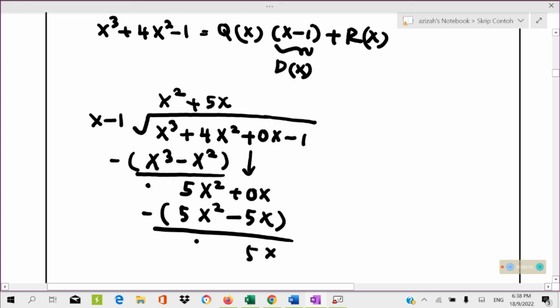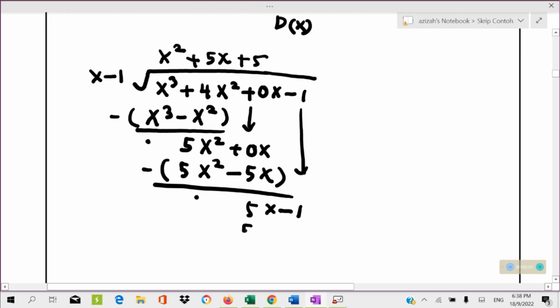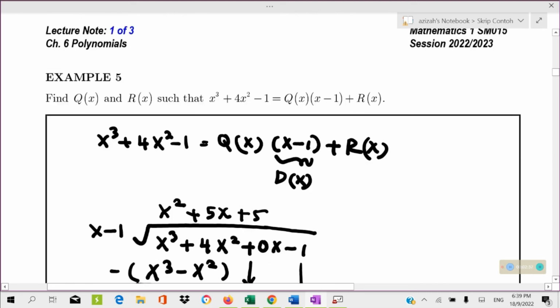Then we bring down the next term, negative 1. To get 5x, we multiply x by 5. So the result here is 5x minus 5. So 5x minus 5x equals 0, and negative 1 minus negative 1 equals 0.